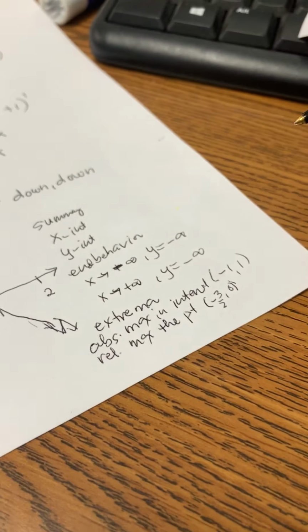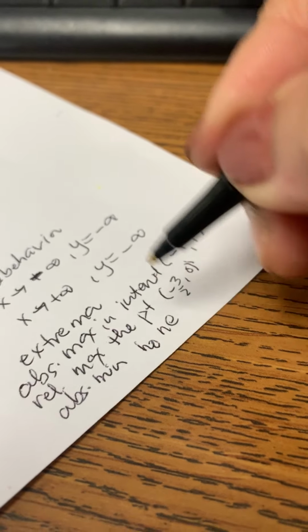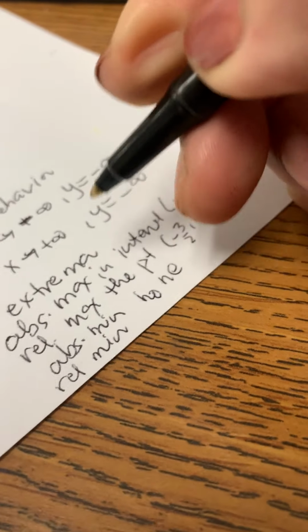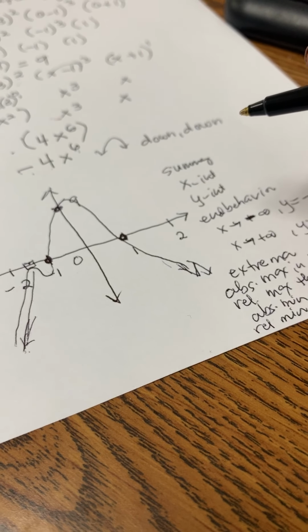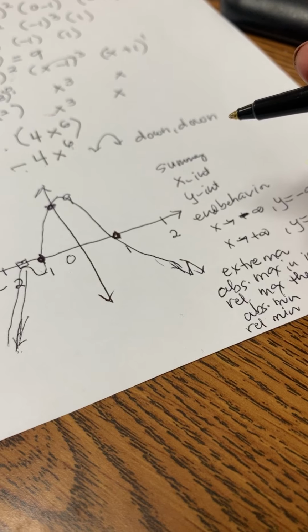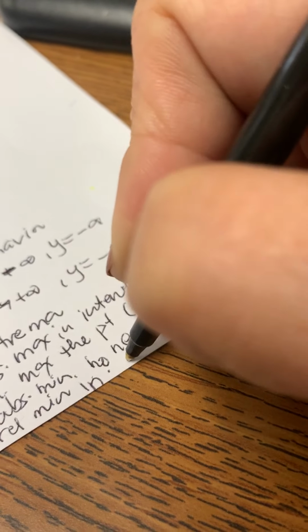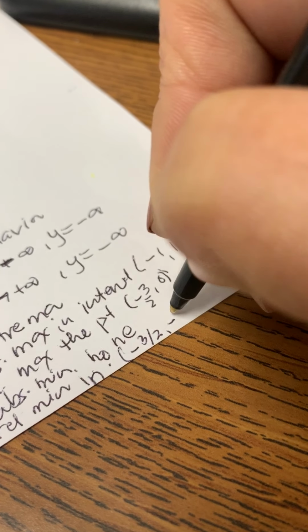So absolute min, none, and relative min in the interval between negative 3 halves and negative 1.